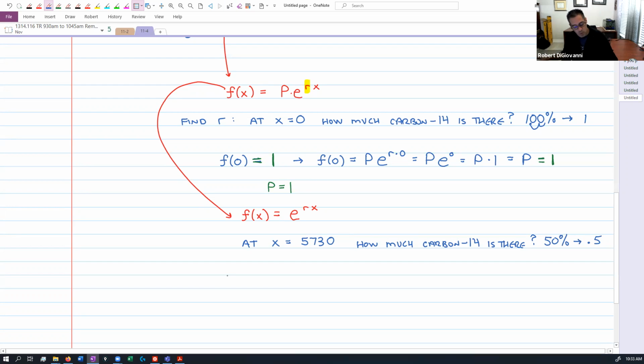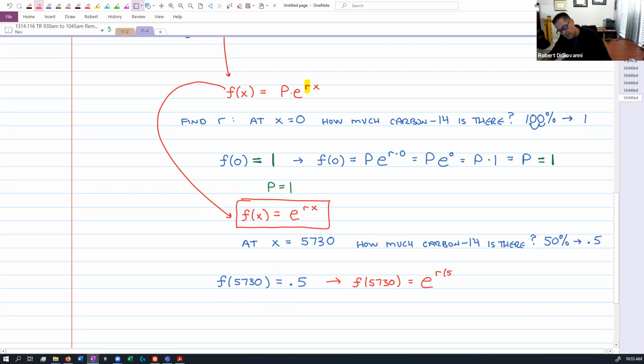So that means when I take 5,730 and plug it into my function, I better get 0.5. Right? This is the equation we have right now. When I plug in 5,730 into this equation, I better get 0.5. So when I plug it into e to the R times 5,730, what does it need to be equal to?